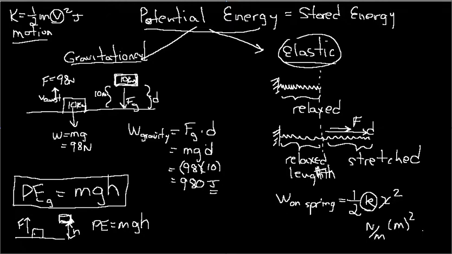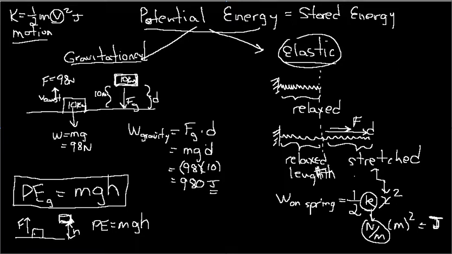So when you cancel this out, you're going to get newton meter, which is the joule. Remember, 1 joule is 1 newton meter. So anyway, the units of K is this newton per meter unit, and that's a given. That's just a constant number that we plug into this formula. X now is the stretched length.